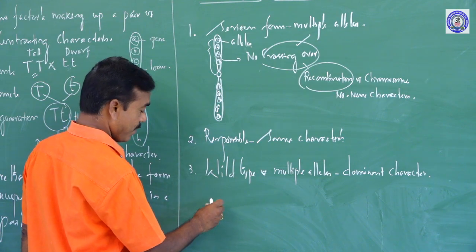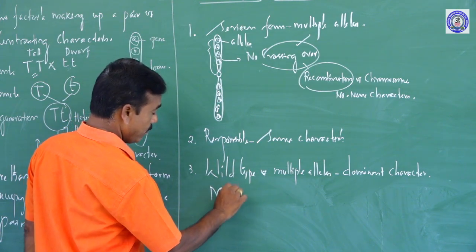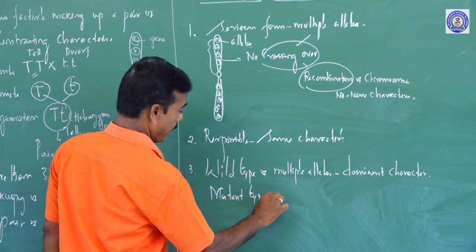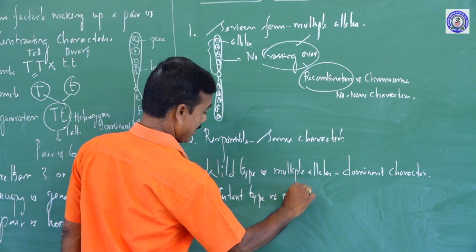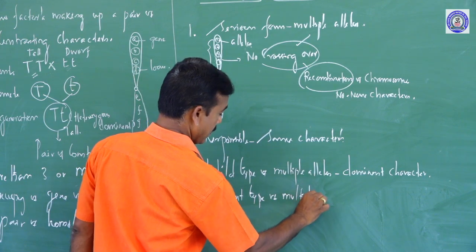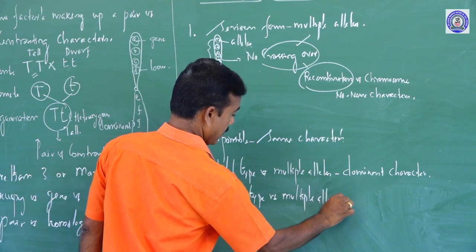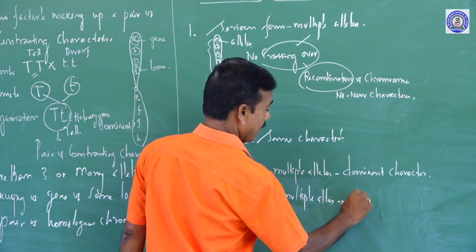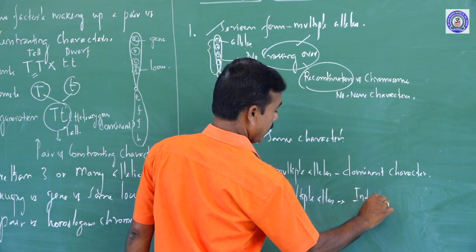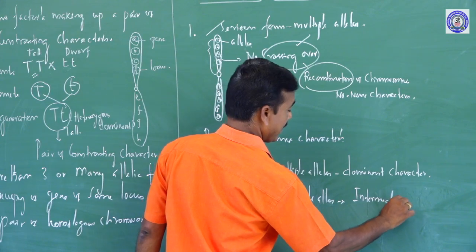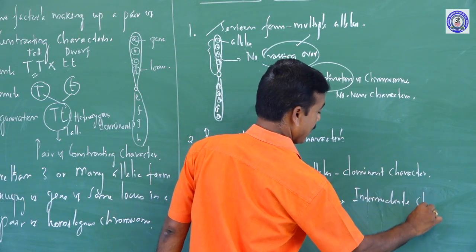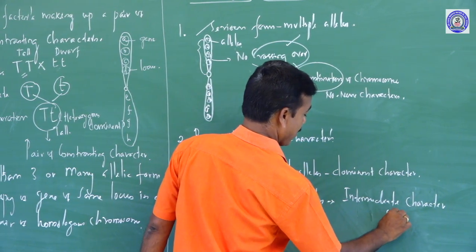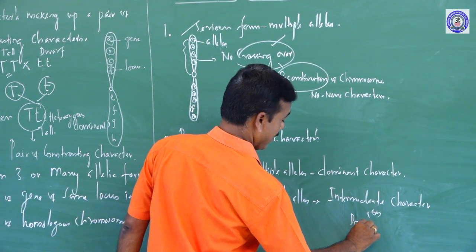Instead, mutant type of multiple alleles always exhibits an intermediate character or dominant character.